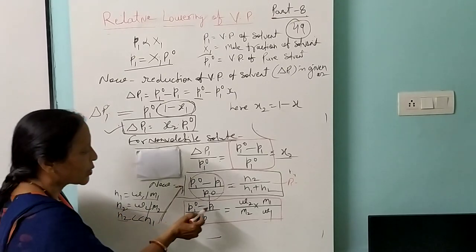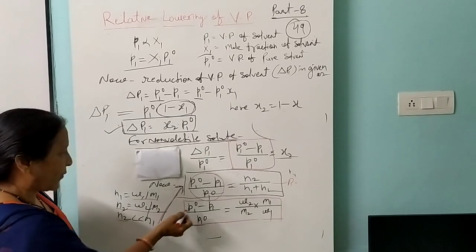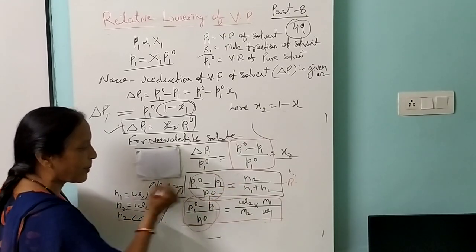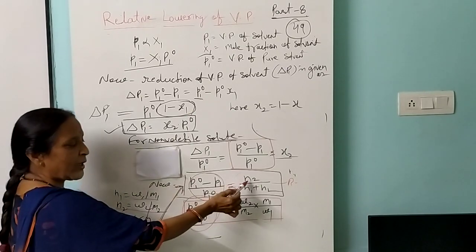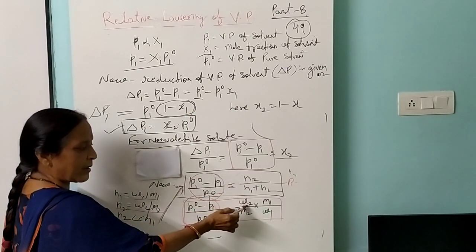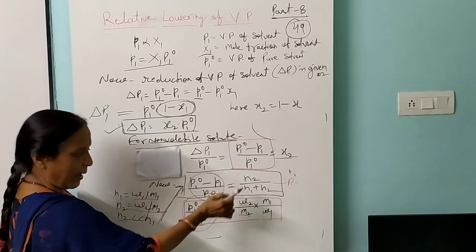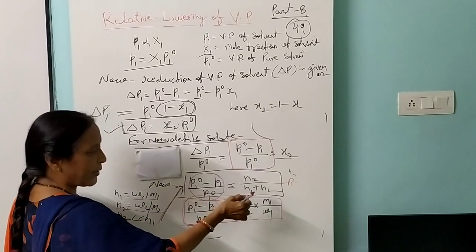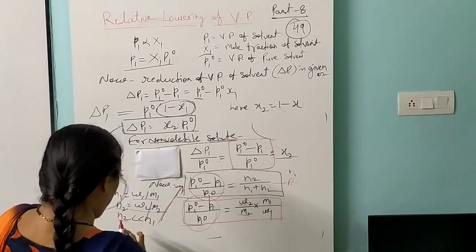Now, instead of n2, I can write here, for the relative lowering in vapor pressure, W2 upon M2 upon n1.